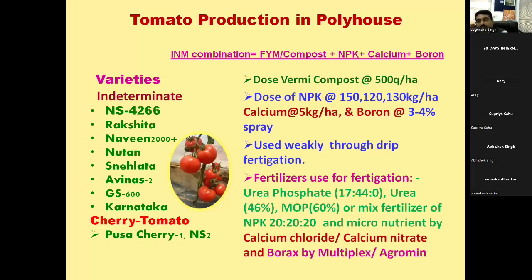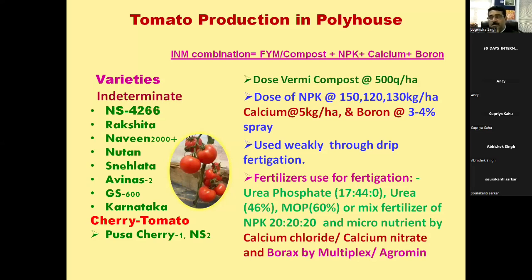So calcium and boron are more important elements for greenhouse capsicum and greenhouse tomato, because their deficiency causes blossom end rot. Blossom end rot is damage leading to market loss.